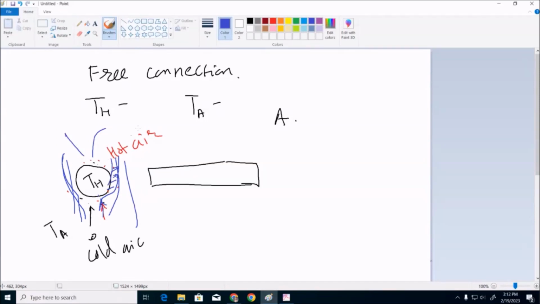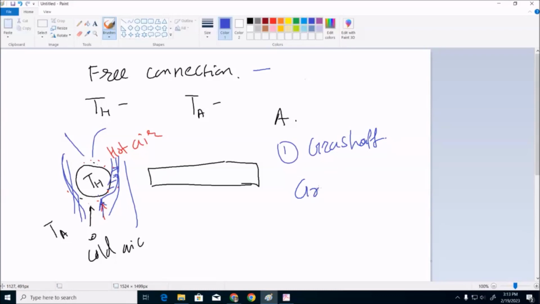Now we need to consider the various heat transfer numbers involved in free convection. The first non-dimensional number involved in free convection is the Grashof number.